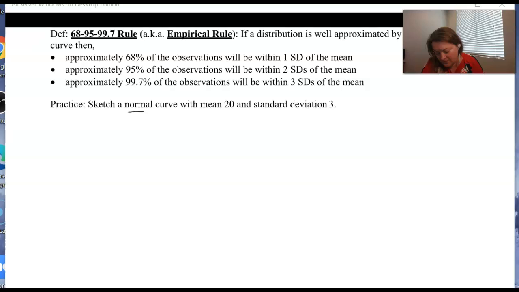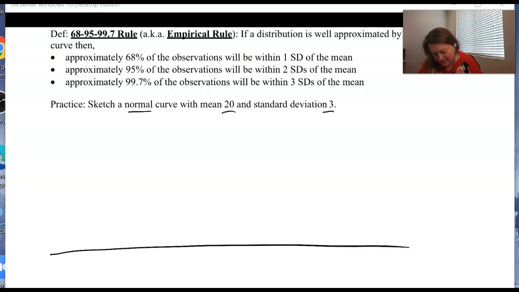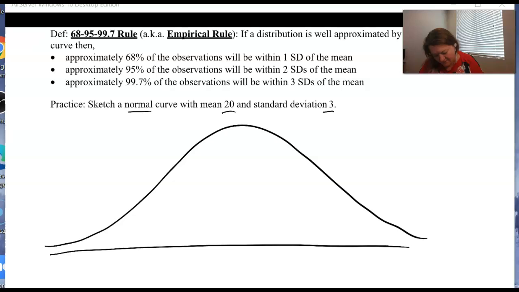So this says sketch a normal curve with a mean of 20 and a standard deviation of 3. Okay, so I'm going to draw just a general one. Again, here's my baseline, here's my curve. This hill is where you put the center. That's our average. Most people score average. That's a 20. And then we're going to block them off so that we can see at least 3 sections evenly spaced on each side.